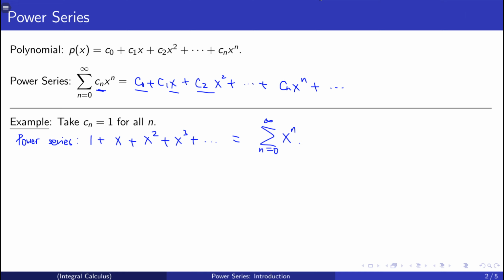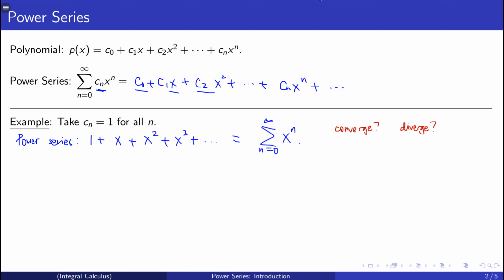And now I can ask the question, does this converge? Or does this diverge? And if you think about this a little bit, you can probably determine here that it depends on the value of x, our variable, whether it converges or diverges.